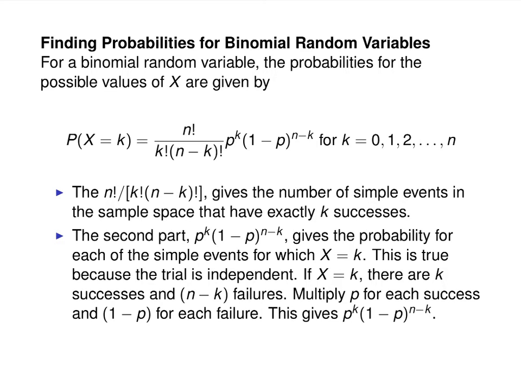Okay, first of all, let's just briefly discuss what a factorial is. For example, 5 factorial is 5 times 4 times 3 times 2 times 1. 10 factorial is 10 times 9, all the way down to 3, 2, 1.